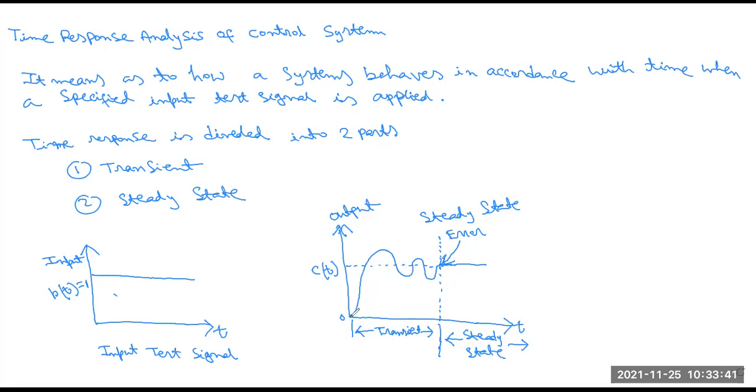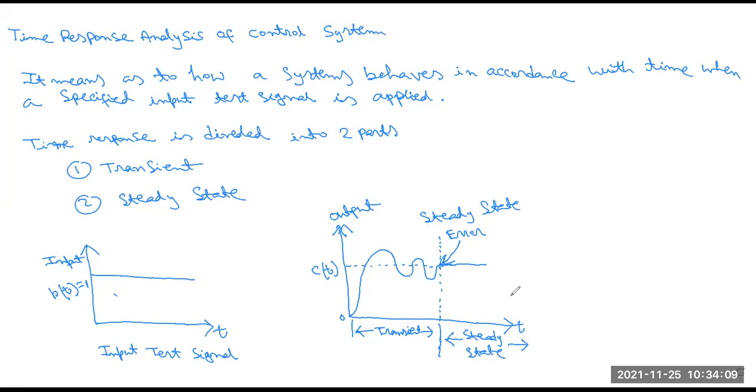Here you can see it gradually increases, then reaches the first peak value, then slowly decreases, then increases. These are the basic pattern. This part we call the transient response in our time response analysis. After this point, the result is steady state, that is, near to stable. So this point is called the steady state region also.